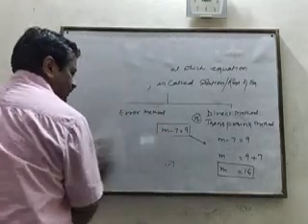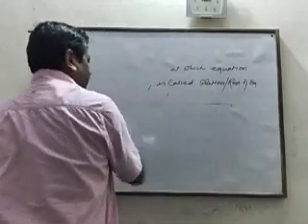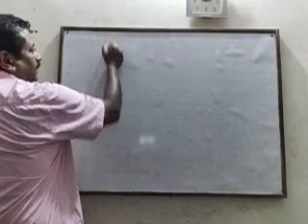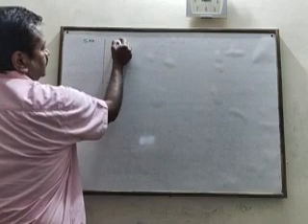Now we will start our exercise work. Question number 1, you can see that there are 4 columns. First column is serial number, second is equation, third is value, and the fourth column says whether the equation is satisfied or not.